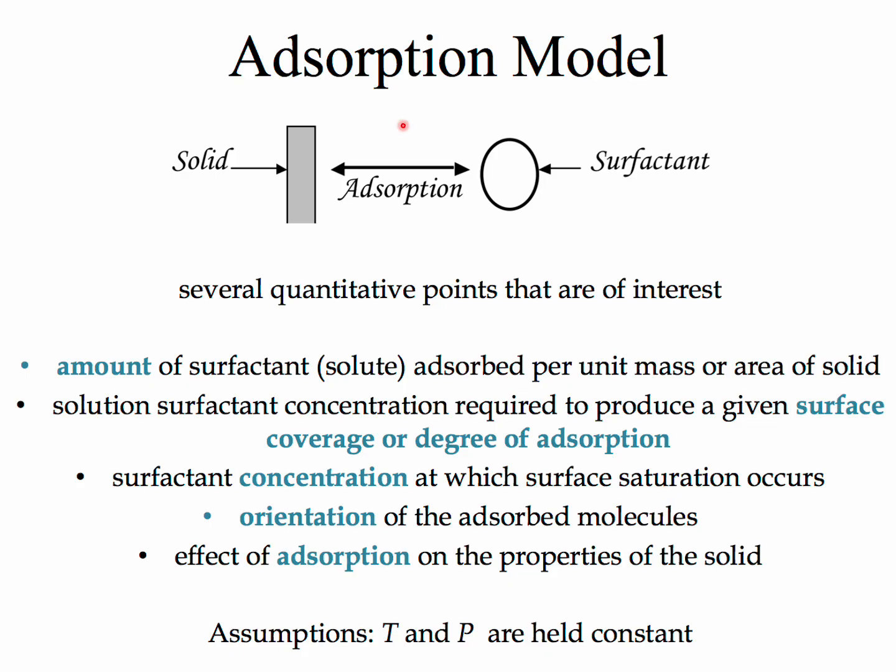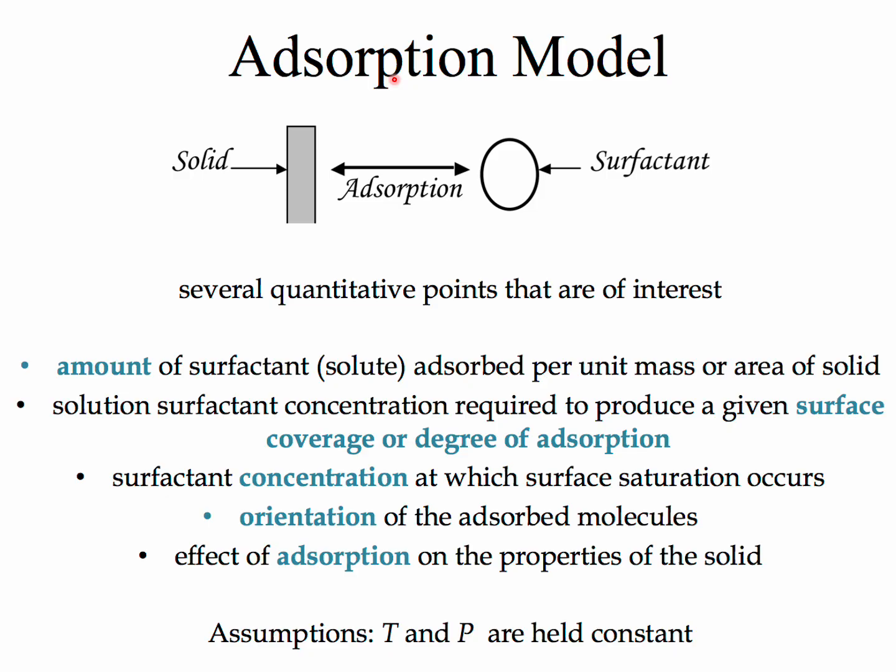We also need to consider the orientation of the adsorbed molecule. The molecules can arrange themselves in different ways on the surface, such as laying flat, standing vertically, or adopting a head-tail orientation in the case of surfactants. This arrangement influences how the surface behaves and interacts with its surroundings.